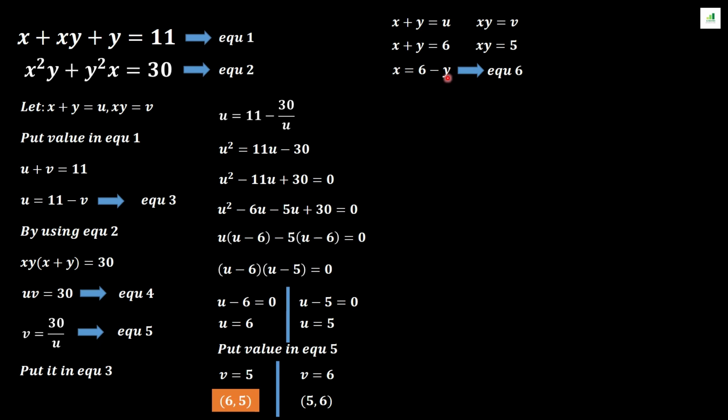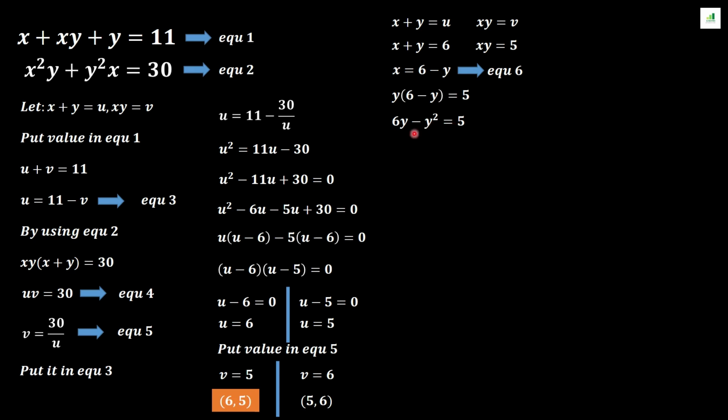So we will get y into 6 minus y equal to 5, because x is replaced with 6 minus y, but this y is the same as before, and this 5 is the same as before.